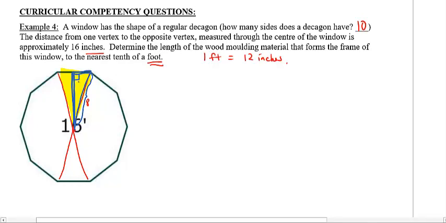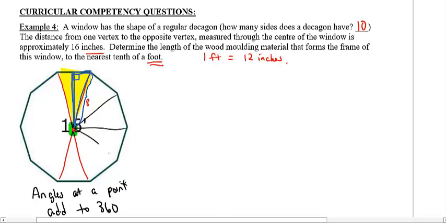We want to find one of the sides. We have to have an angle here. Now, do you guys remember how angles at a point add up to? That's right, 360 degrees. So knowing this, can you see that I have 1 triangle, 2, 3, 4, 5, 6, 7, 8, 9, 10 triangles? So if I were to take the 360 and divide that by 10, you'll see that each of these triangles has a central angle when it touches the center of 36 degrees.